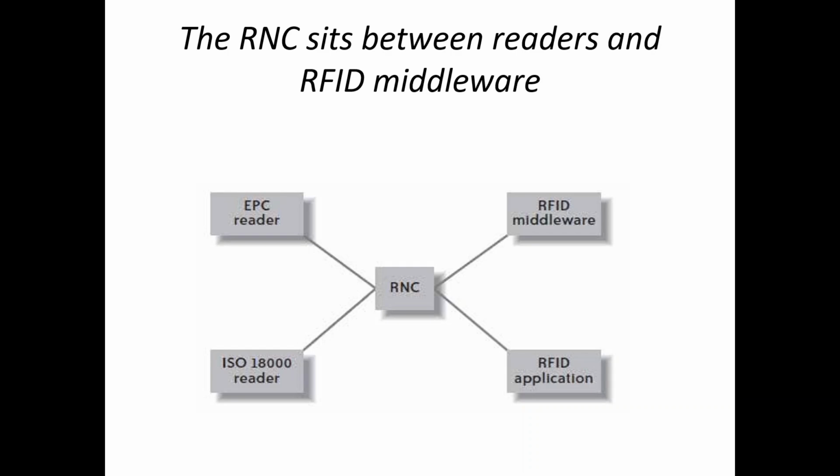RNC solves this by managing the readers and delivering clean, aggregated and filtered tag events. Its functions are reader management, data filtering, aggregation, event processing, load balancing, and interface with middleware. These are the main functions of RNC.